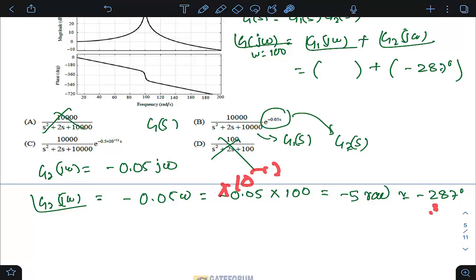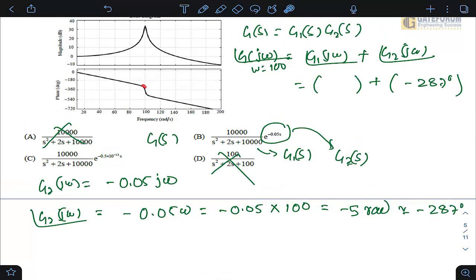And if it is almost 0, can only the second order transfer function contribute this minus 360? Impossible. So the answer has to be option B, because we know that at max this transfer function will contribute minus 180. That is the maximum phase that this can contribute. So if this part is not contributing significantly, overall will not be this 360, 370.